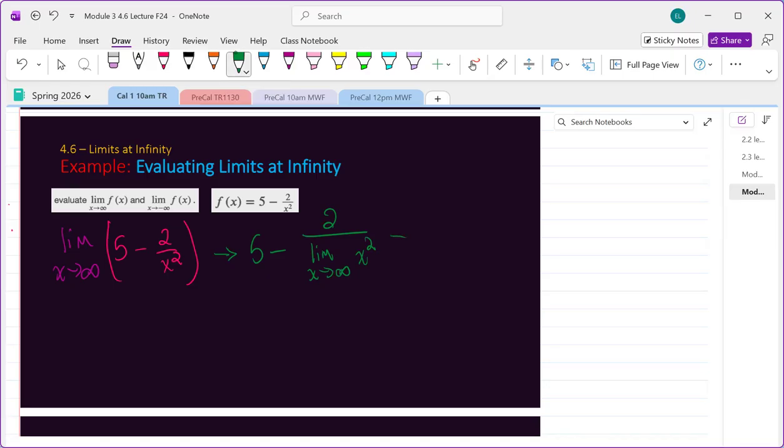So this gives us 5 minus 2 over infinity. Now, a constant divided by infinity, as long as it's a constant, is the same as 1 over infinity. So 2 over infinity is going to do the same thing as 1 over infinity. This part here is going to go to 0. So our overall limit is approaching 5.